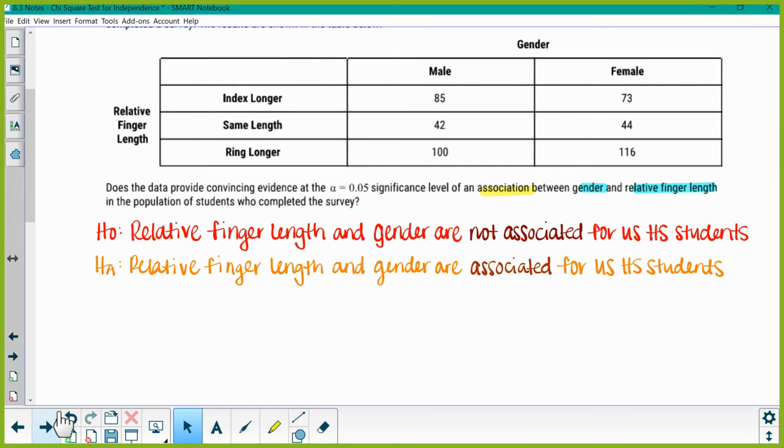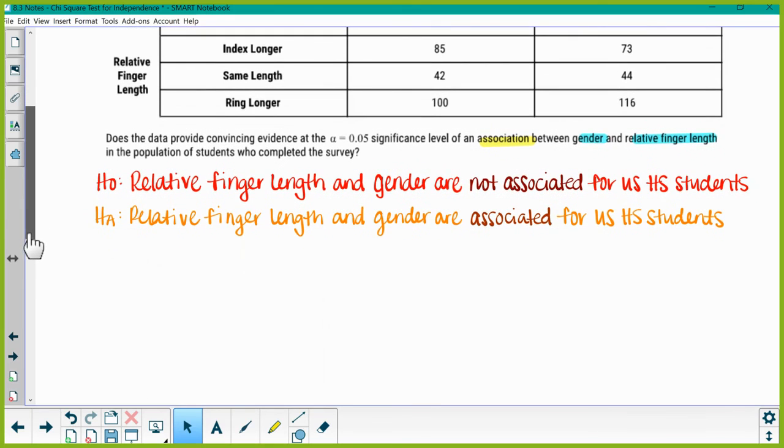Both of them work. A lot of people like to write in terms of association just because that's usually how it's posed in the question, but whatever works best for you. Just make sure that you are making the null state that they are not associated, that they are independent of each other. That's the big important thing.